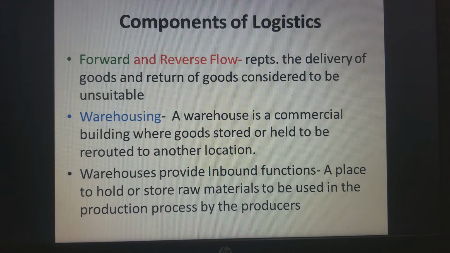So it is inbound function, that is, it is bringing in raw materials and holding the raw material for the manufacturer until the time has come for it to be used.